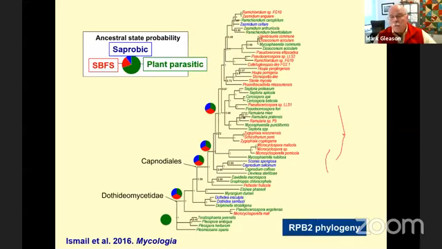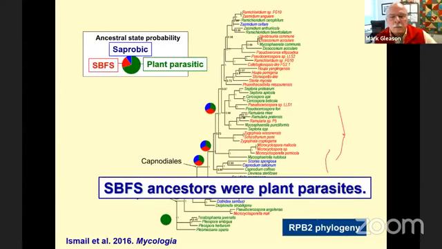So somehow there was an evolutionary shift from penetrating plant parasites to living on the surface. There it is. Sooty blotch and flyspeck ancestors were host-penetrating plant parasites, unlike the sooty blotch and flyspeck fungi that we encounter today.